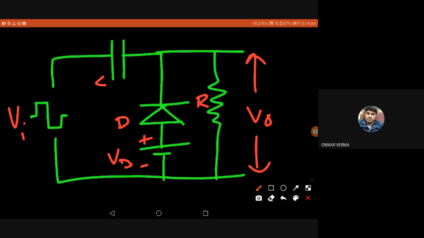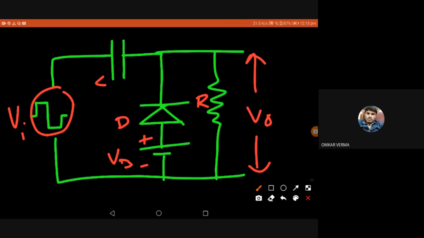So what is the difference in this circuit compared to the previous circuit? Can you draw the circuit in a notebook? There is only one thing, we are adding a DC source. So we have to analyze the two cycles, positive as well as negative, with respect to this voltage.